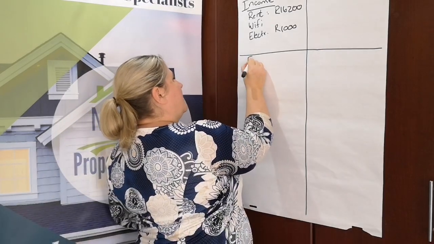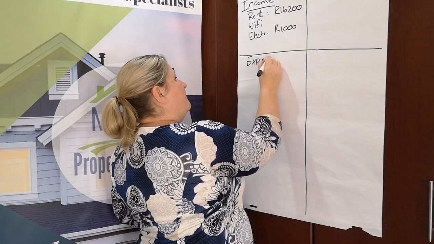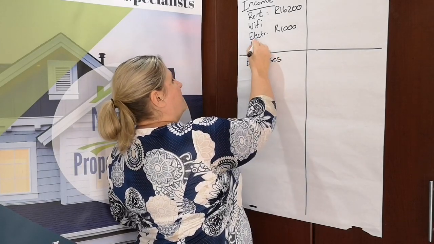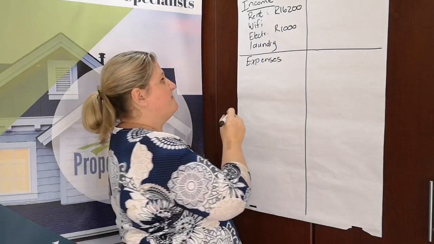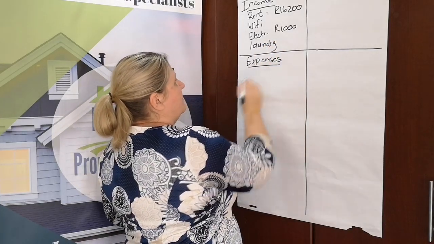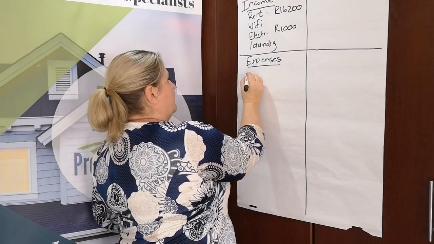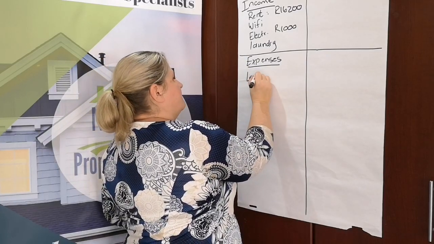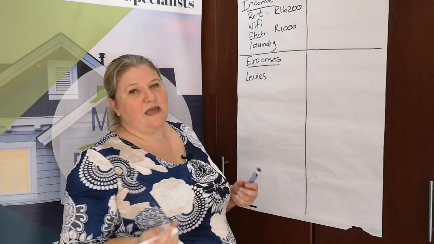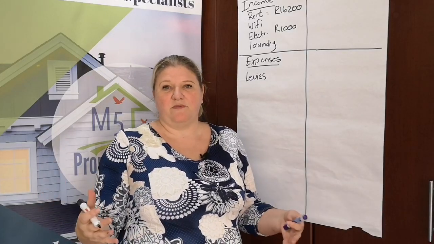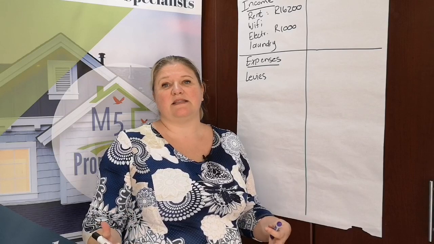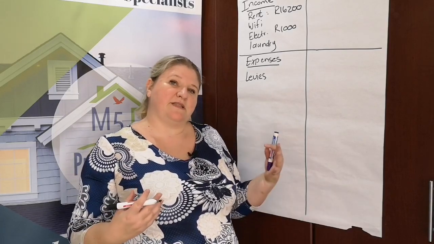Second part is the expenses. You can also have laundry maybe in here if you provide laundry services on the property. Expenses. We have levies. So if you buy a rental property in a complex where there's a body corporate or multiple people, like on an estate or something like that, you will find something called levies.